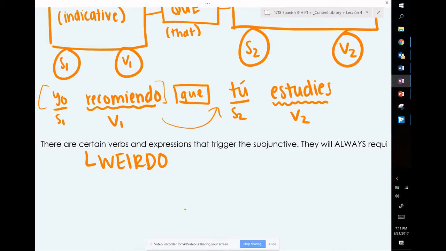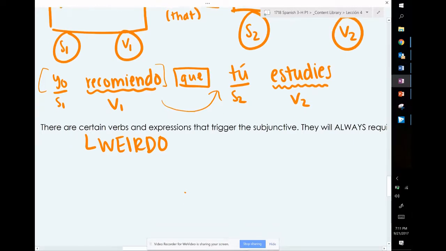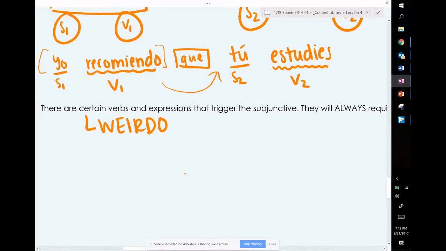For example, recomendar is one of those verbs. Another one of those verbs would be insistir, which means to insist. So I could say, "ella insiste que María haga la cama." There's my subject 1, my verb 1, followed by que.